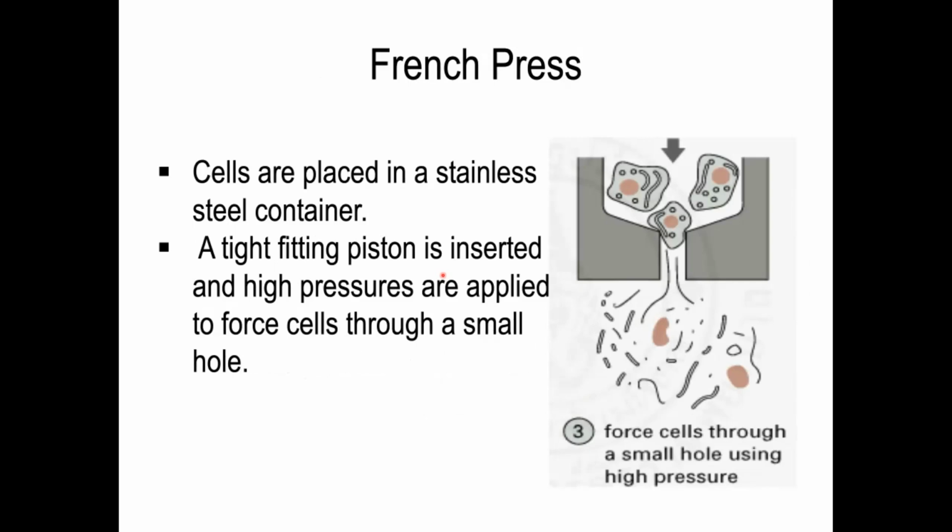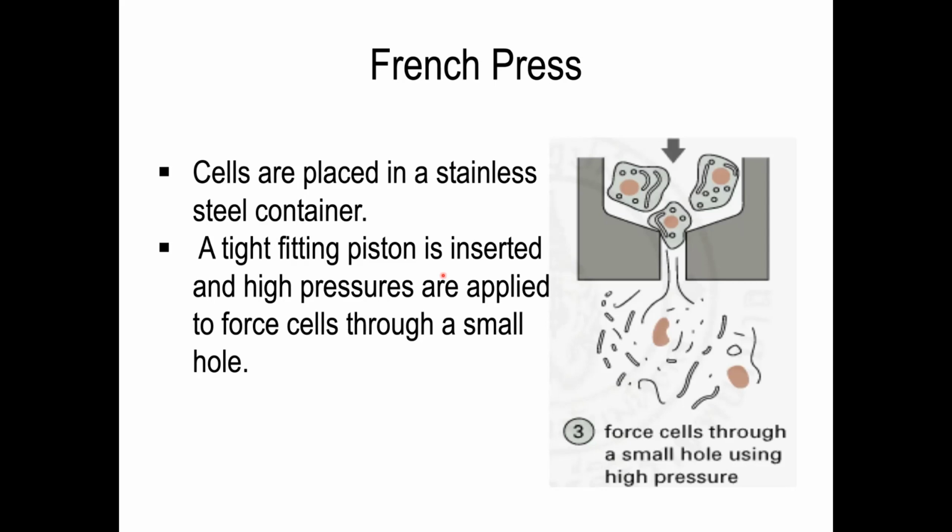So this is the French press. Basically, the French press is a closed metal container which has a hole somewhere on the bottom. And you apply pressure, either manually by a wheel that you turn down, which increases the pressure in this sealed vessel, or by hydraulic pressure.